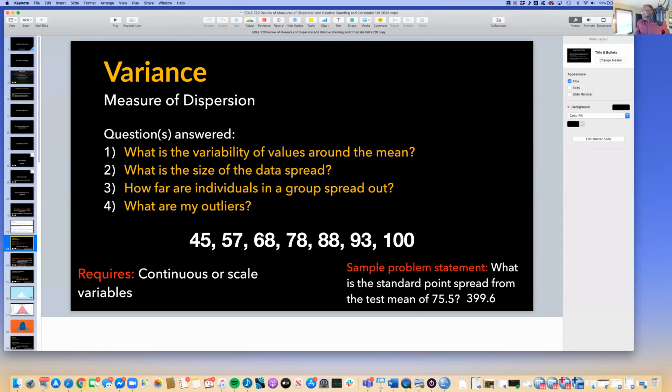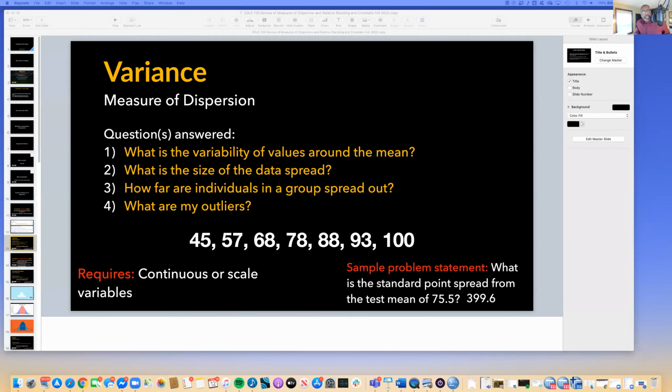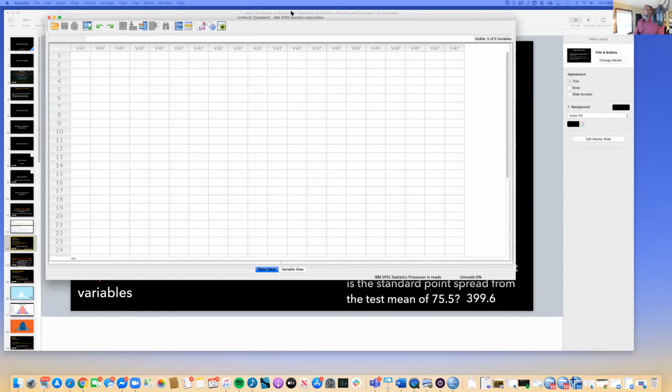Let's try that out real quick. All right, so let's fire up SPSS real quick, and we're going to do a new data set here. So just fire up your SPSS and get it looking like this.